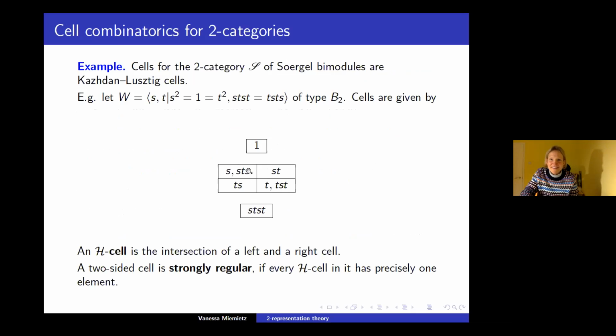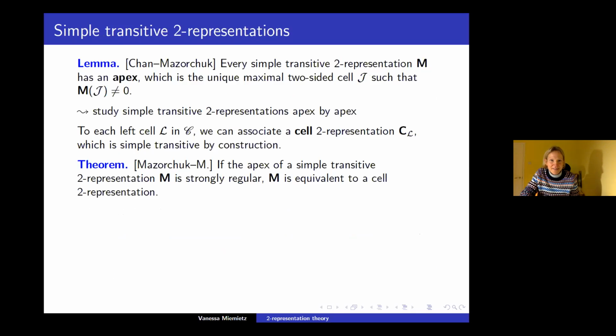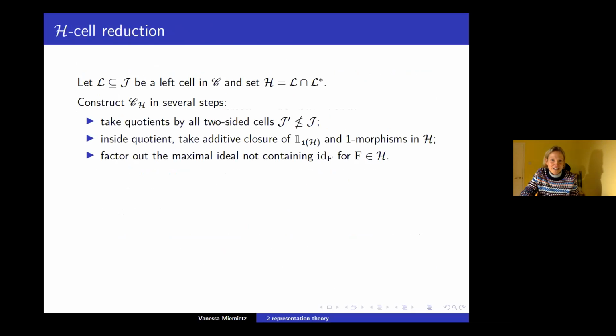This is still a small example. 8 doesn't seem so much bigger than 3, but if you go to bigger types, then the reduction is much bigger.